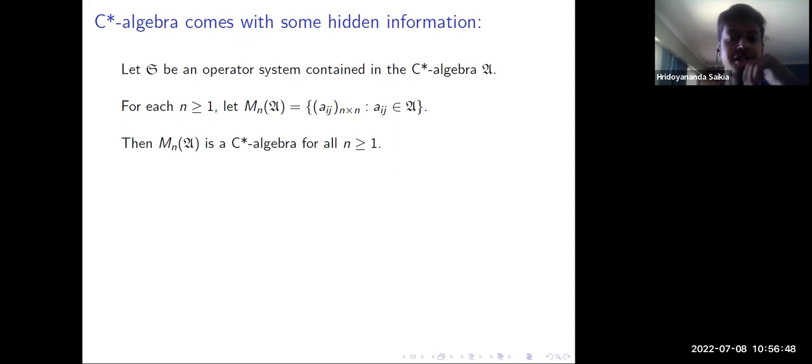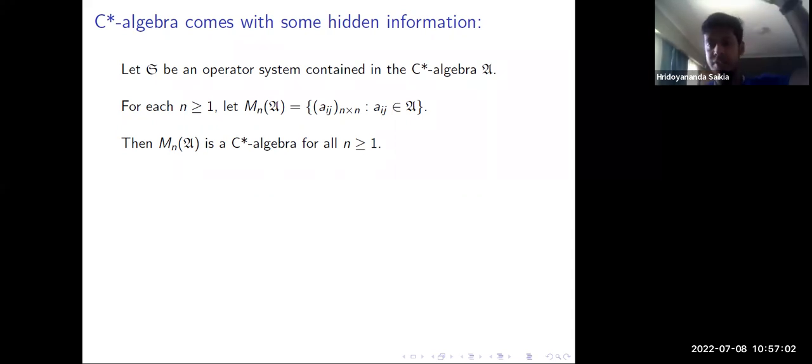What mathematicians have found is that this Mn of A is actually a C-star algebra for all n. That means whenever you are given a C-star algebra A, then for each level n, you can construct new C-star algebras.